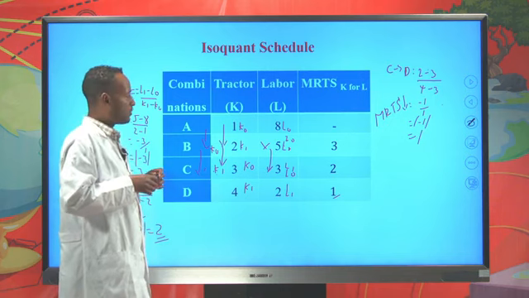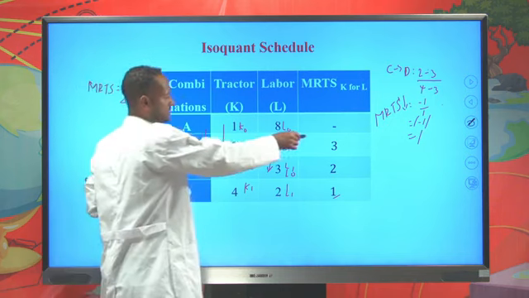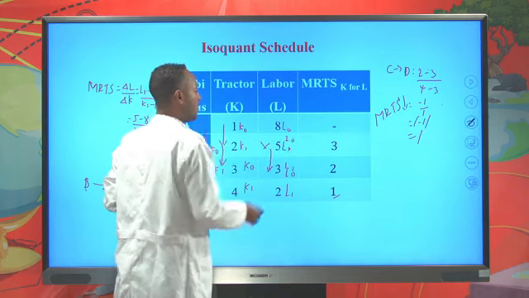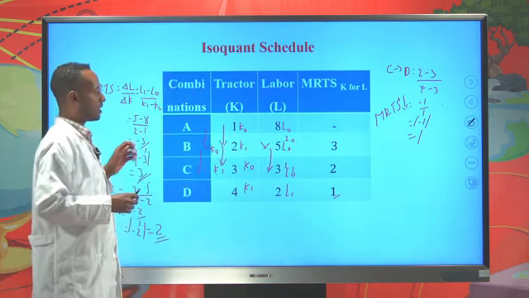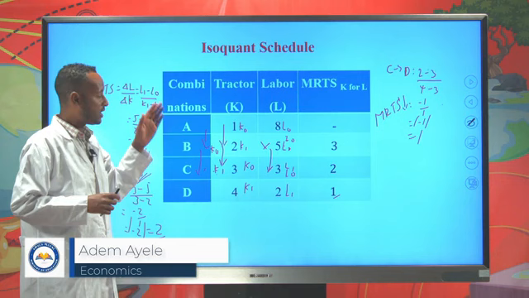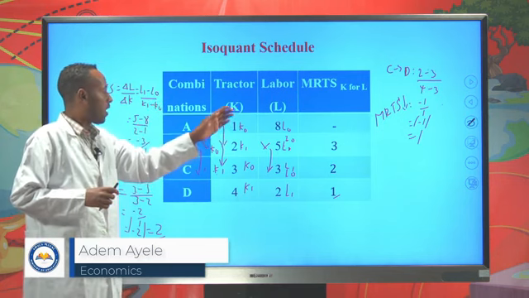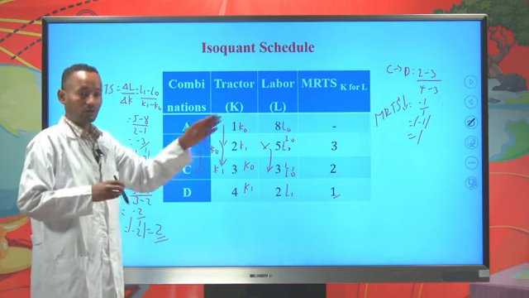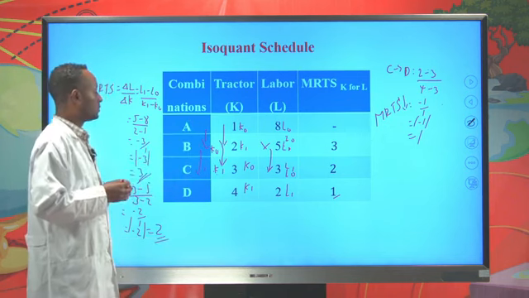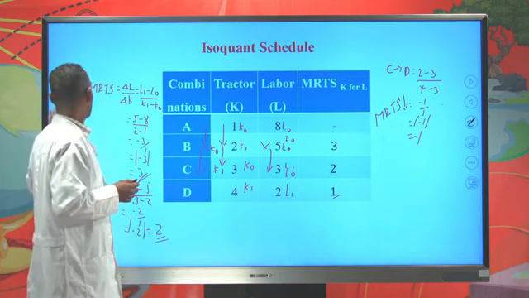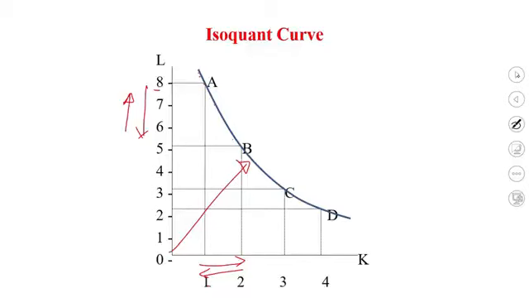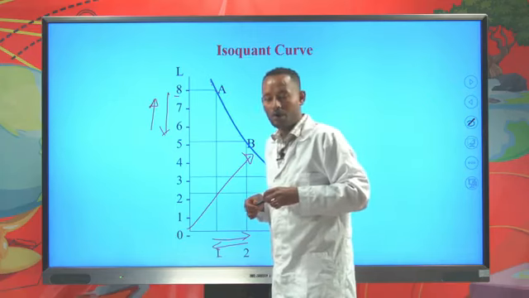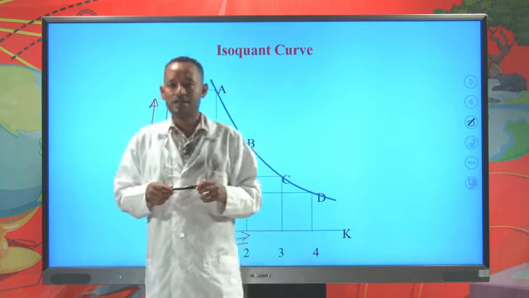So the rate by which one variable input is substituted for another on the same isoquant tends to decline. First, we substituted one tractor for 3 labor, then one tractor for 2 labor, and finally one tractor for 1 labor. This is all about the day's revision lesson.